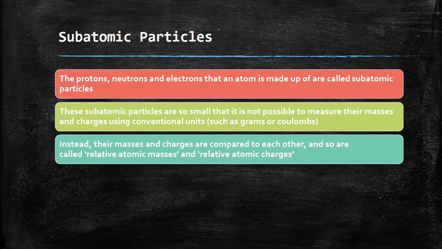Instead, their masses and charges are compared to each other and so are called relative atomic masses and relative atomic charges. What does it mean, relative atomic mass and relative atomic charge?